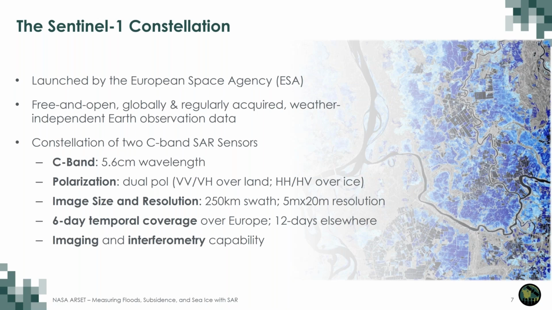The temporal sampling is 6 days over Europe and 12 days for the rest of the globe. And it has both imaging and interferometry capability, as mentioned earlier. The image that you see in the background here is actually a flood detection image. The different shades of blue here show water extent at different time steps, and how Sentinel-1 can be useful for flood mapping we will discuss in this class.